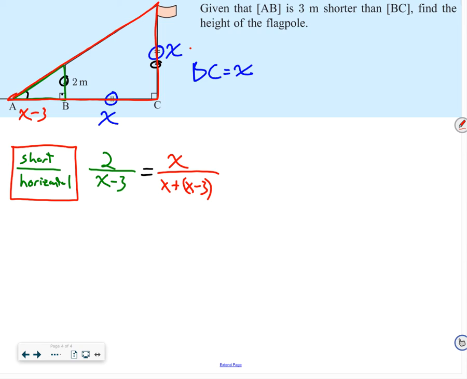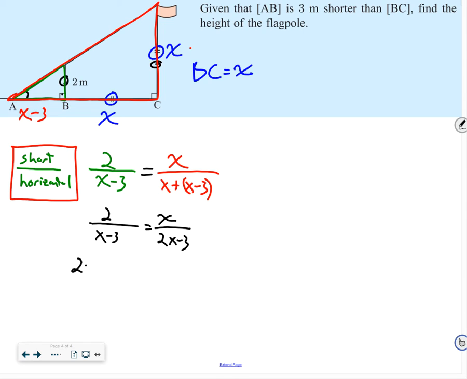Okay, so now I got my equation here. Next thing I want to do is I want to go ahead and solve this equation. So first thing I'm going to do is simplify it. So I get 2 over x minus 3 is equal to x over 2x minus 3. I have a proportion here, so I can solve this by cross multiplying.